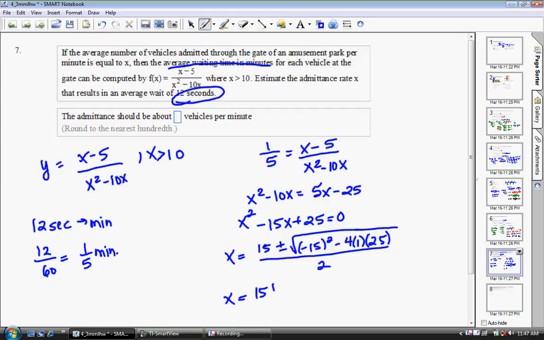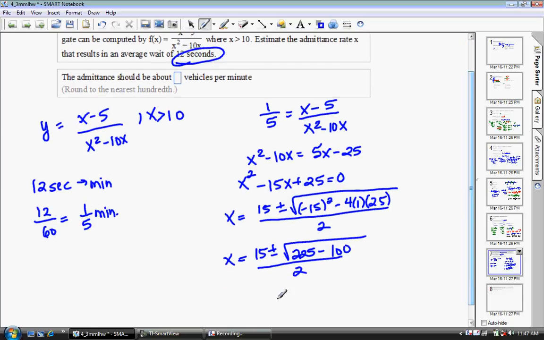So what do we get here? 15 plus or minus the square root of negative 15 squared is 225, minus 4 times 1 times 25 is 100, all over 2. So we get x is equal to 15 plus or minus the square root of 125 all over 2.